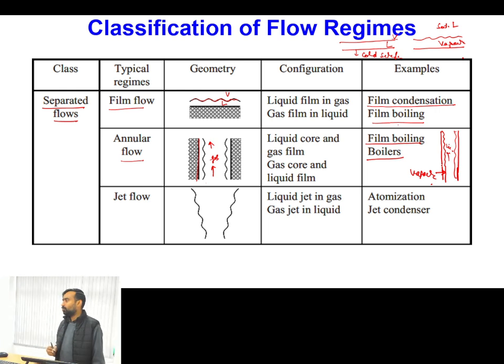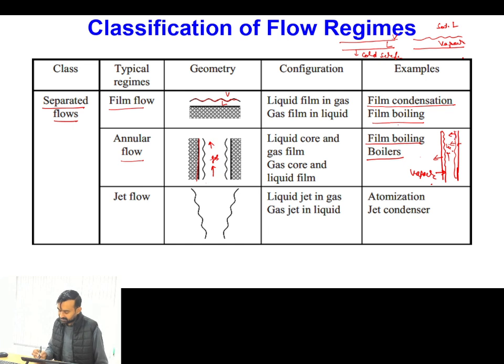And in this film boiling inside the boiler tube, evaporation majorly takes place from the vapor-liquid interface. So there will not be any boiling from the wall, because the liquid is not contacting the wall. The entire wall is covered with vapor, but the liquid is at the center.